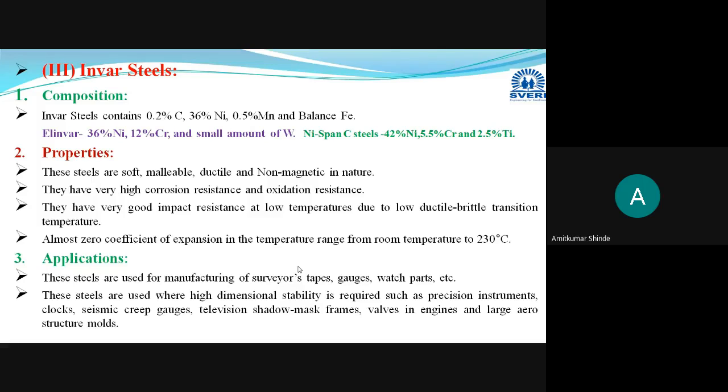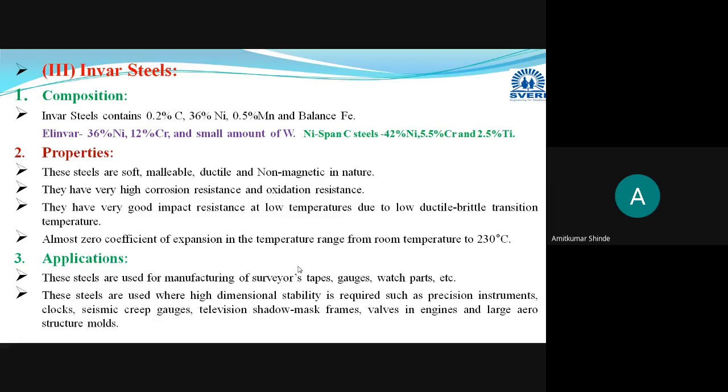The next property is a very important property. These Invar steels have almost zero coefficient of expansion for the temperature range starting from room temperature up to very high temperatures, up to 230 degrees Celsius.